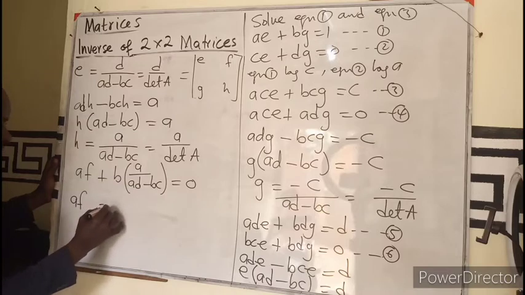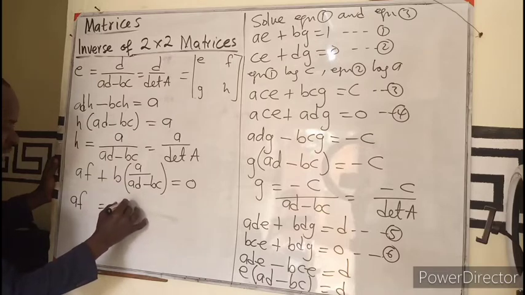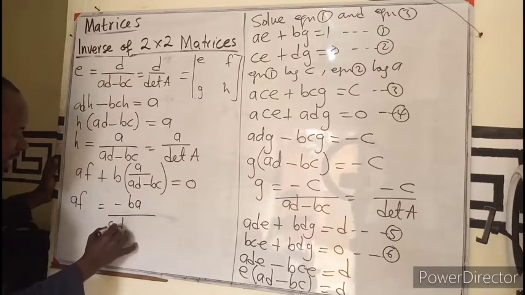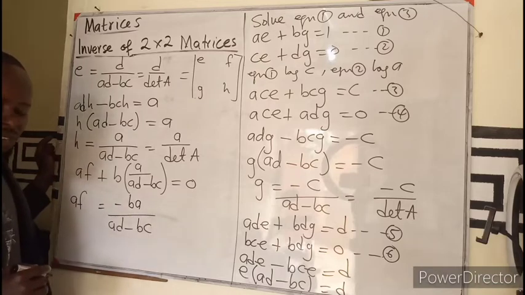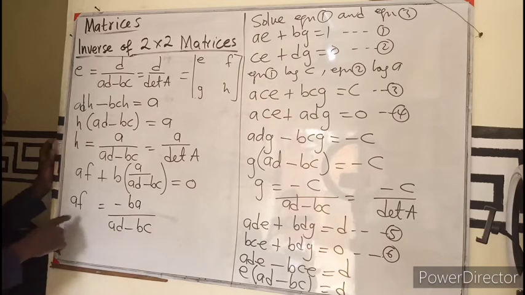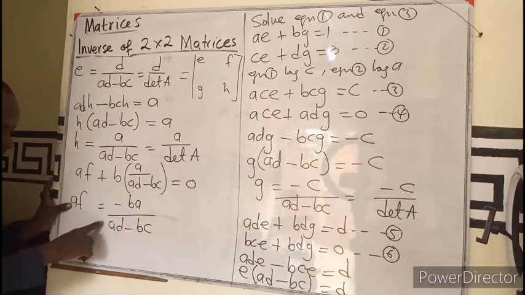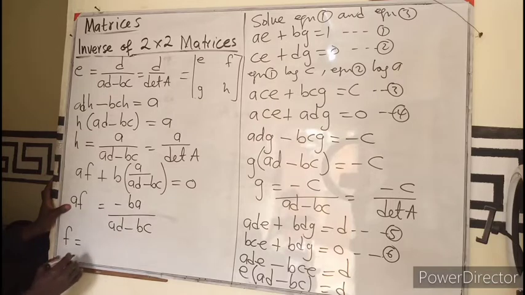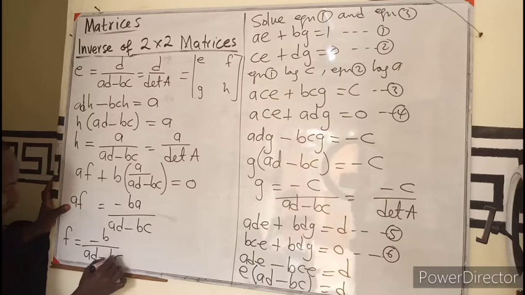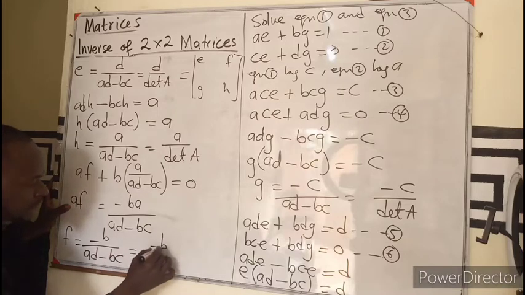So I'll be having minus B A all over AD minus BC. If I divide through by A, it will cancel that. So my F will just be minus B all over AD minus BC, minus B over determinant of A.